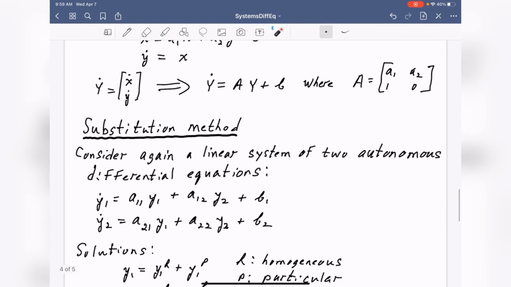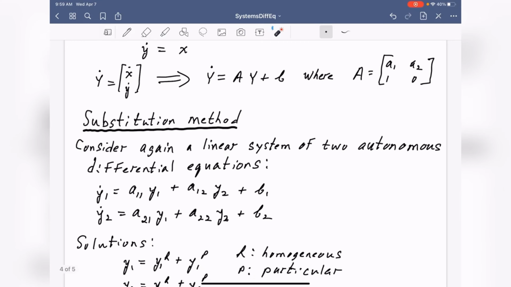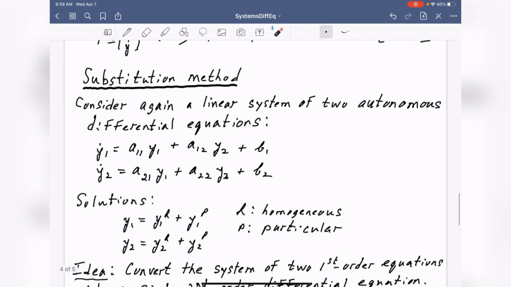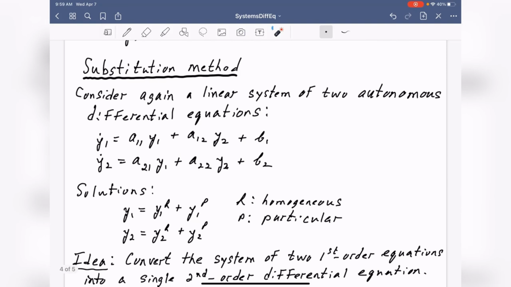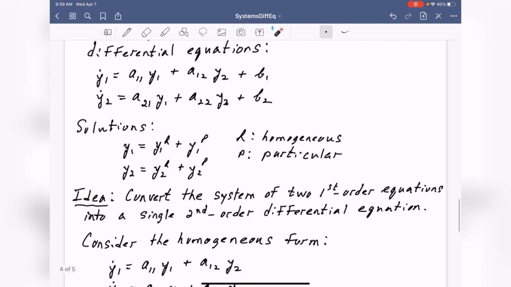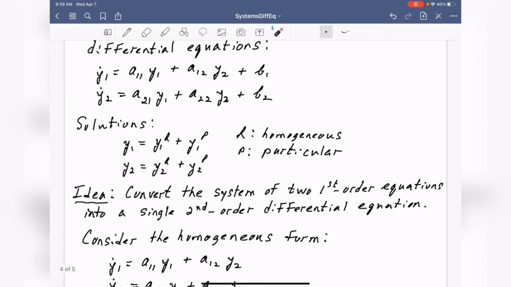All right, so we had the direct method, and now we're looking at the substitution method. Consider again a linear system of two autonomous differential equations. We've seen this one before. That's the one we solved above. The solutions are y1 equals y1 h plus y1 p, where h refers to the homogeneous solution, p to the particular solution.